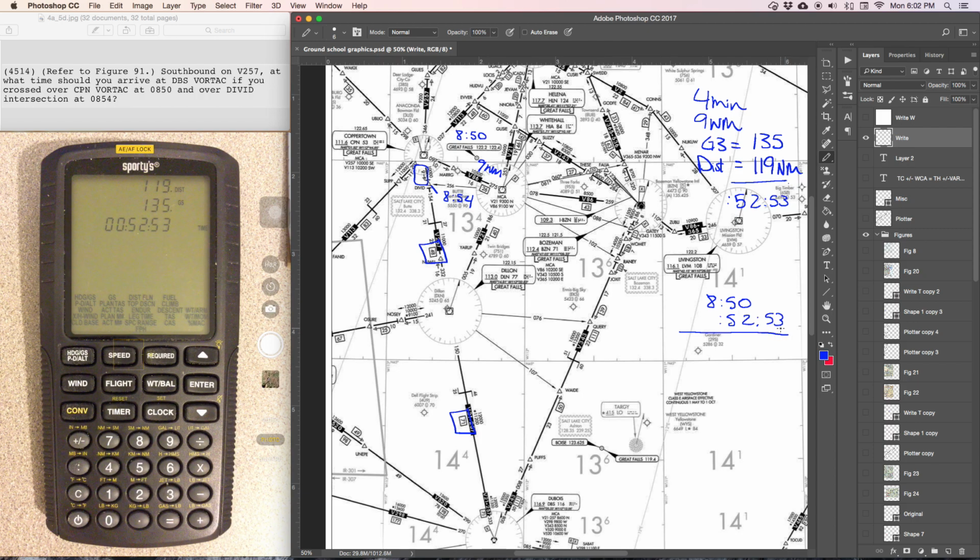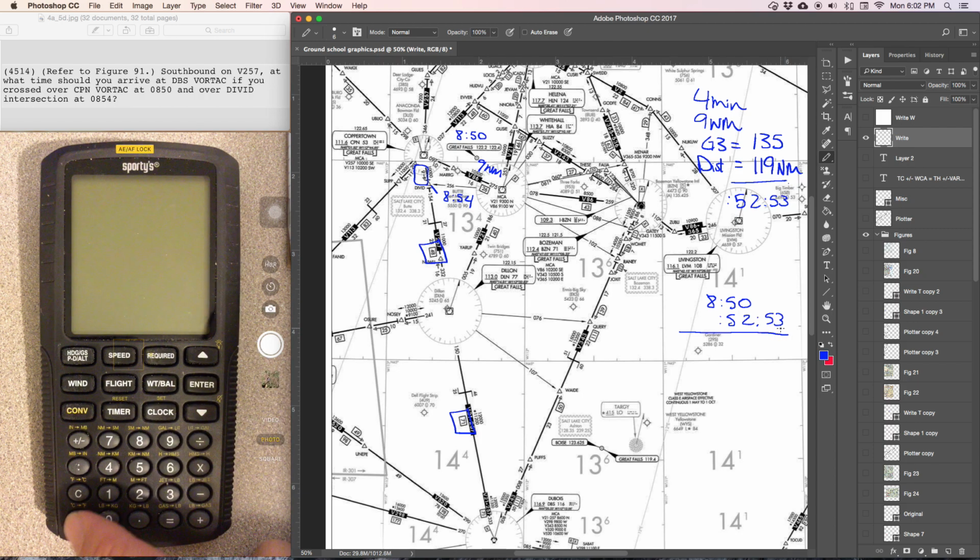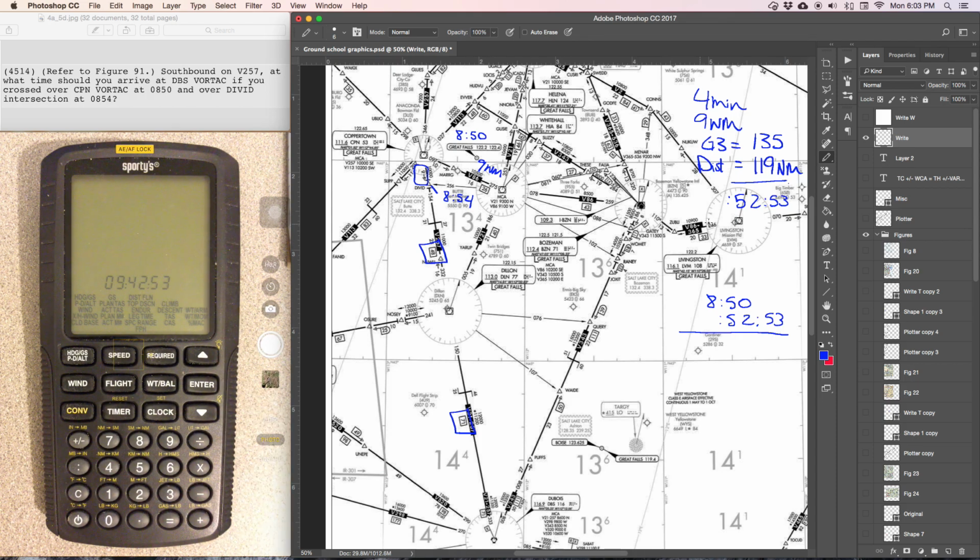So just to show you what that looks like using the E6B, I'm going to go ahead and clear everything. And I'm going to say, okay, 08 hours, colon, 50 minutes, colon, plus 00 hours, colon, 52 minutes, colon, 53 seconds equals 9 hours, 42 minutes, and 53 seconds.